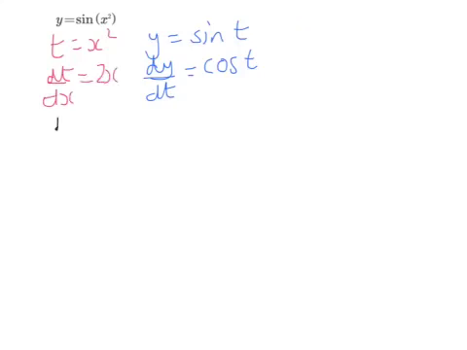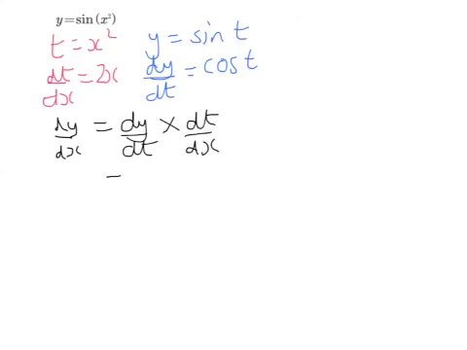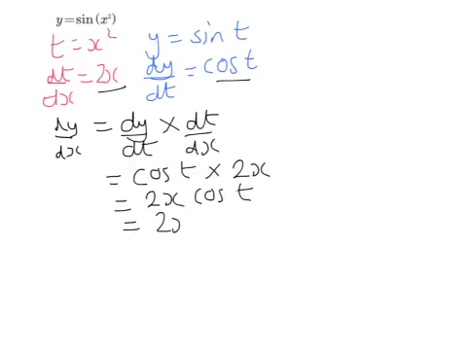Okay, here comes my chain rule. dy by dx is dy by dt times dt by dx. Okay, dy by dt is cos t times dt by dx, which is 2x. So it's 2x cos t, and it's 2x cos, what was my t? x squared. Now, watch the next one. I suppose also I could bracket that off.